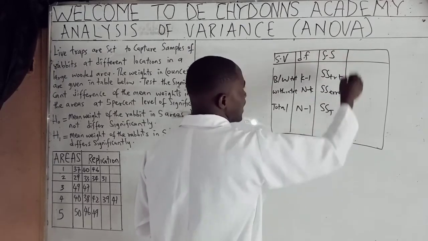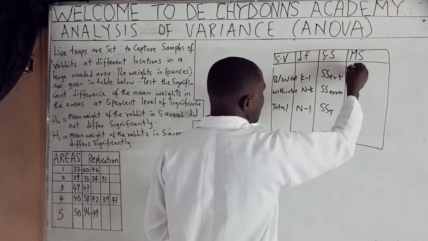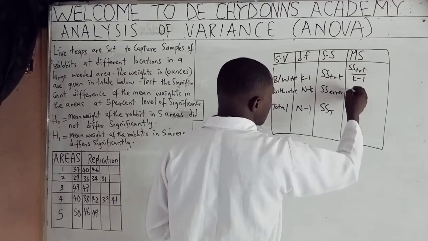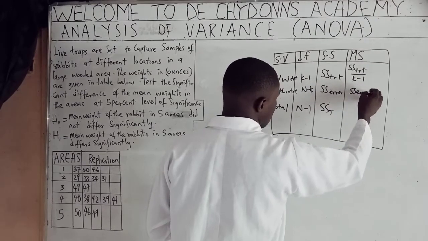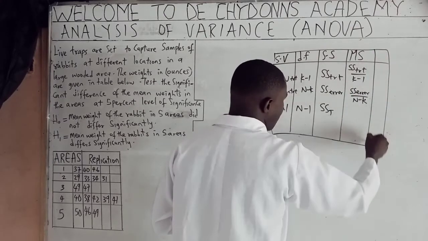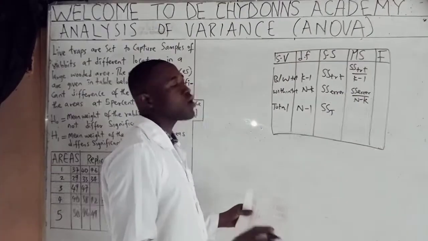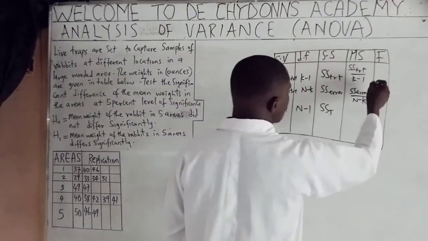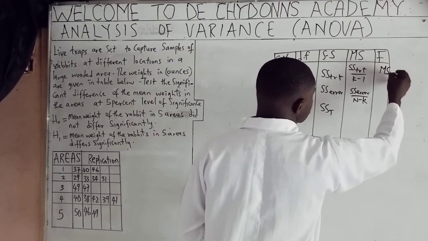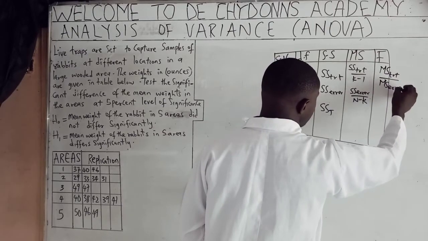Then the next one will be mean of squares, where you say SS treatment all over K minus 1, SS error all over N minus K. Then we have our F ratio, which is gotten from a man called Fisher. F ratio is MS treatment all over MS error.